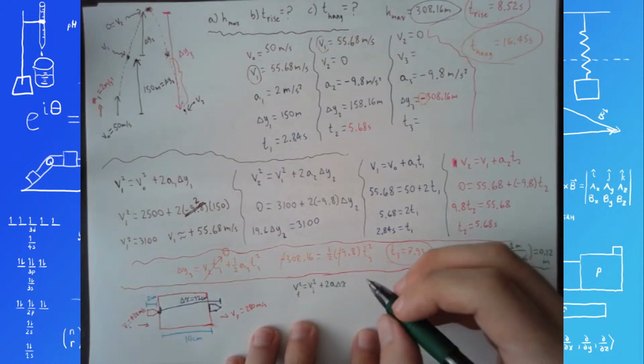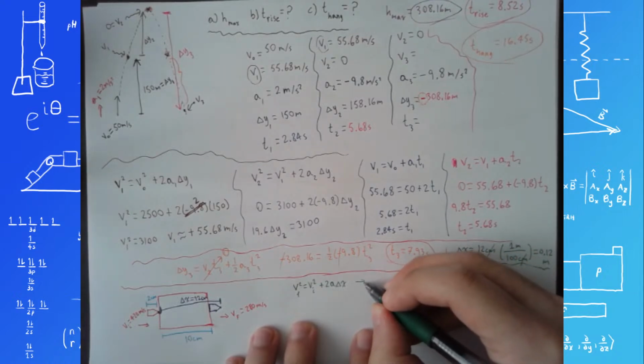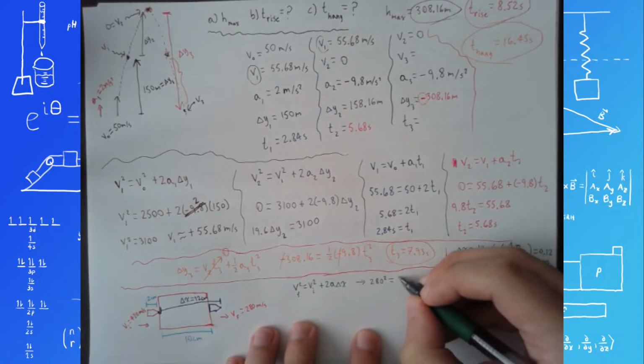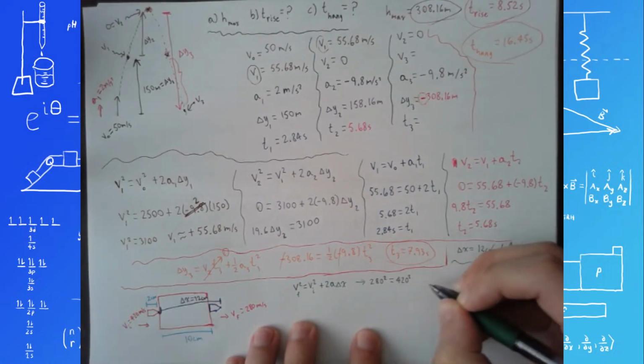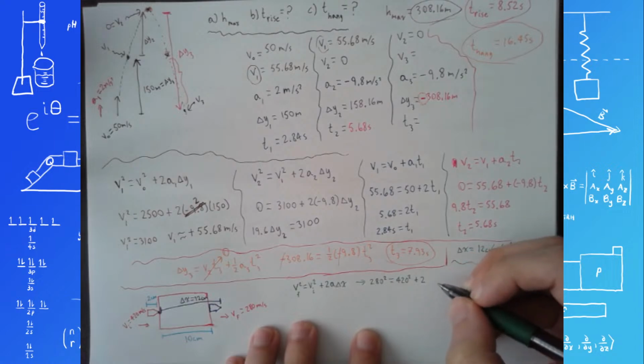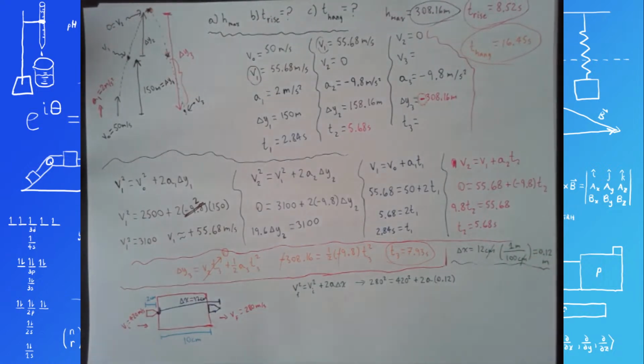So that's going to be 280 squared equals 420 squared plus 2 times, we don't know the acceleration yet, times 0.12 for the displacement.